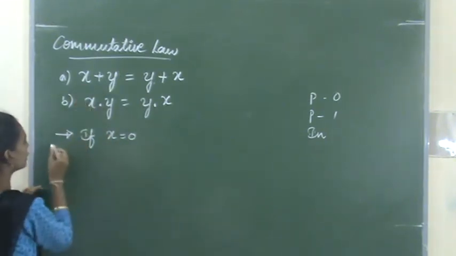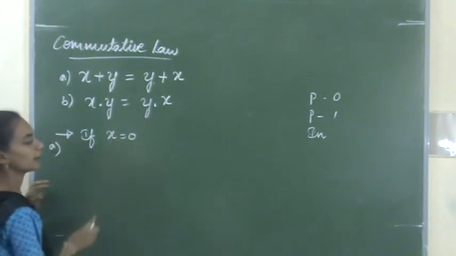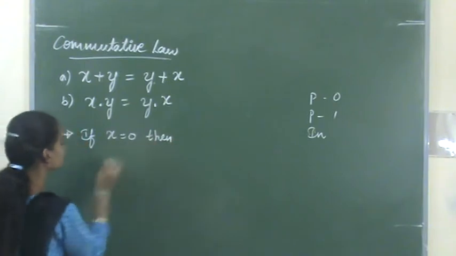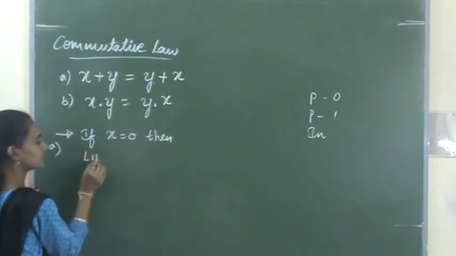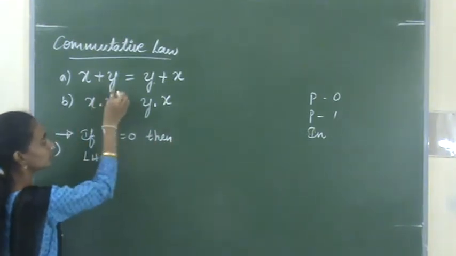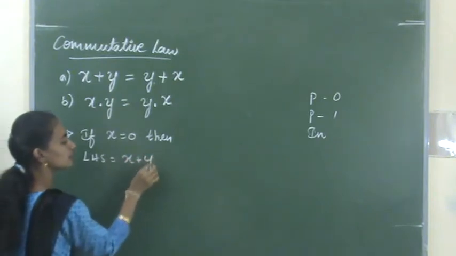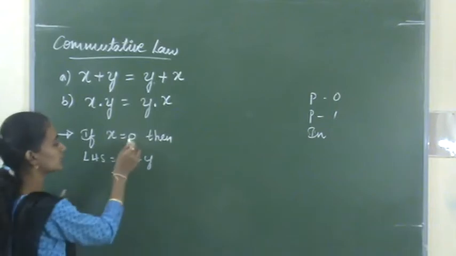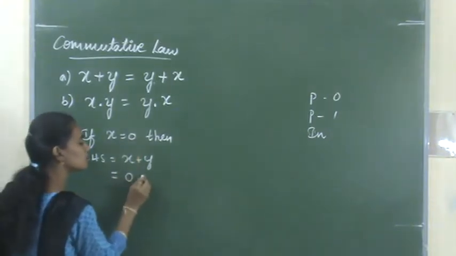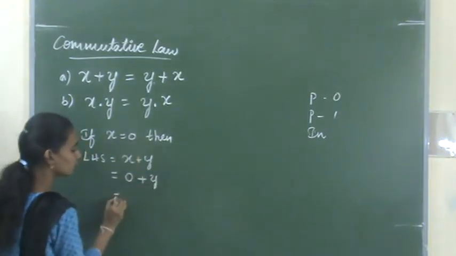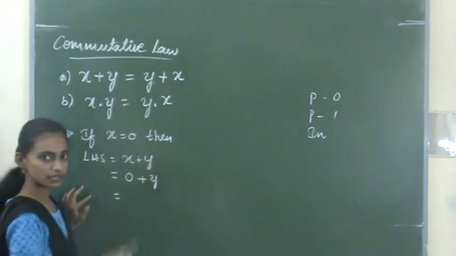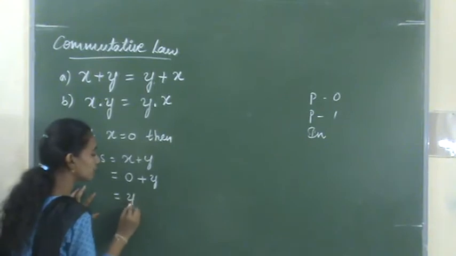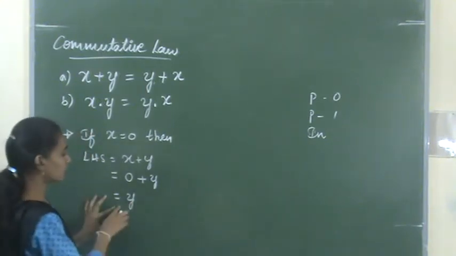Taking the LHS, x plus y, with x value 0, we get 0 plus y. According to the properties of 0, 0 plus anything gives whatever the variable is, so we get y.